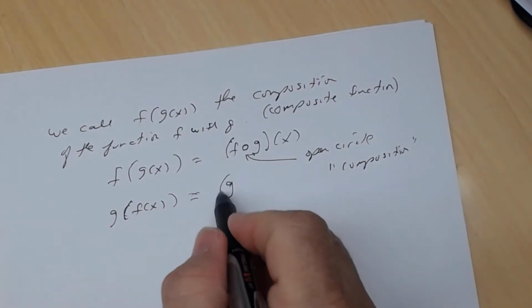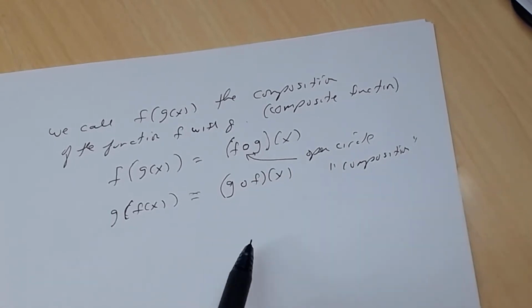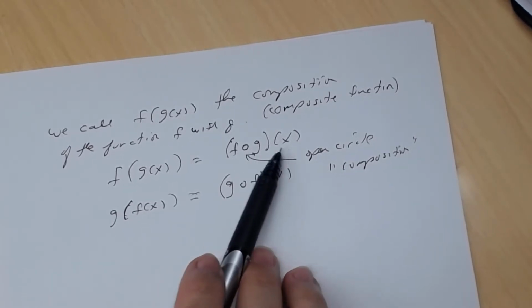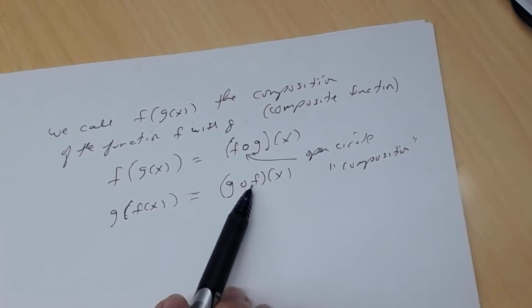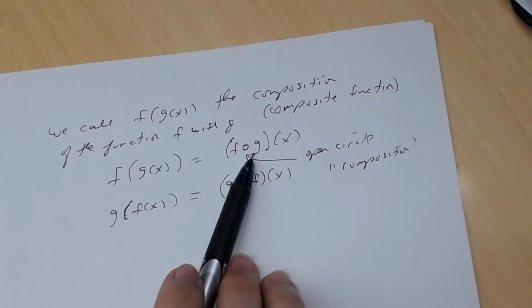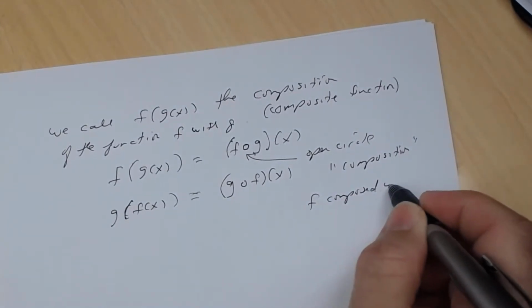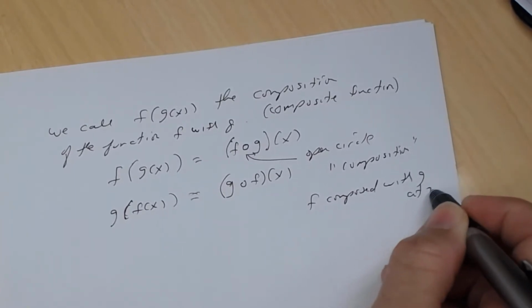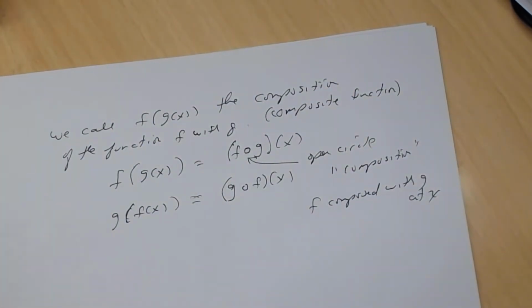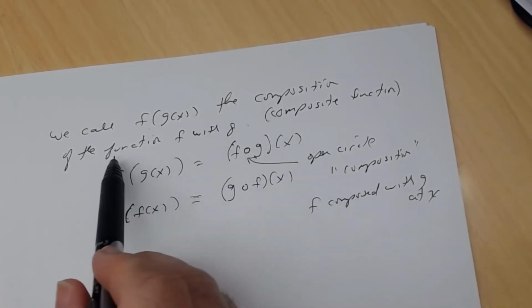So here you would say parentheses g, open circle, f at x. So f, open circle, g at x means this. g, open circle, f at x means this. Notice that this means composition. So you're going to read this as f composed with g at x. Remember when we did this, we call this the composition of f with g.